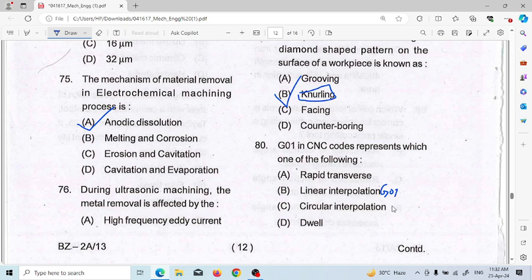Circular interpolation is G02 if clockwise, and if counterclockwise, that means anti-clockwise, it is G03, and for dwell it is G04. This is rapid, G00. You have to remember this, it is very important from the exam point of view. So the question asks about G01, so the answer will be linear interpolation.